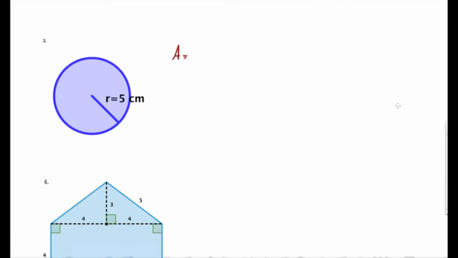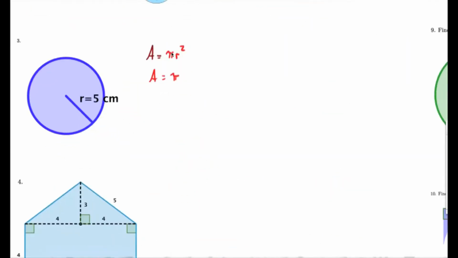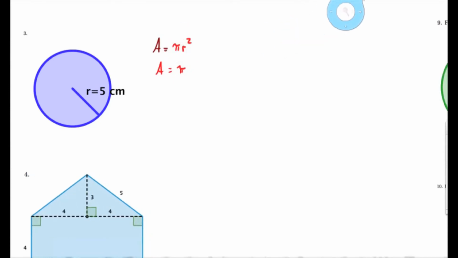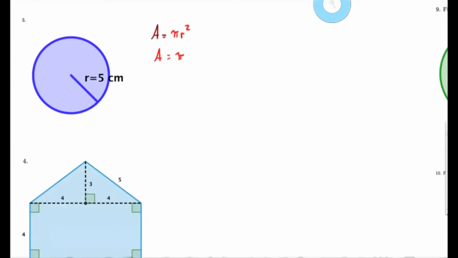So let's start off with area again. Area equals pi r squared. The instructions don't say how to round, so we can leave this in terms of pi, or we can multiply it, and we would have to round in this case. My radius is 5.